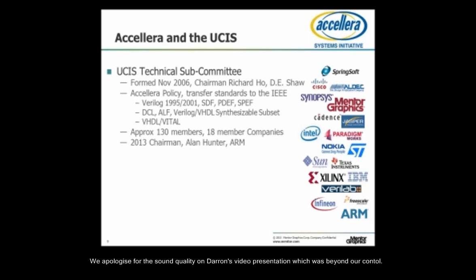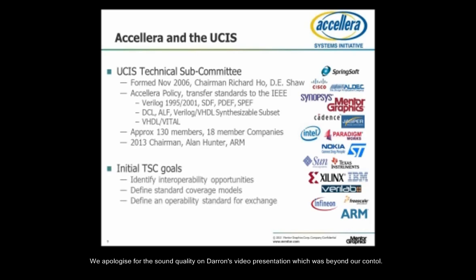There's approximately 130 members of Accellera, but about 18 member companies are involved in the UCIS process. And after the standard was ratified, Alan Hunter took over chairmanship from Richard Coe, so he's the current chairman of the group.